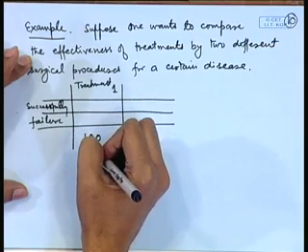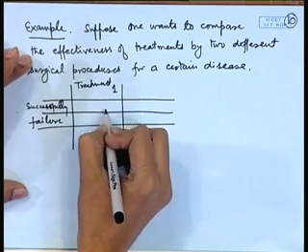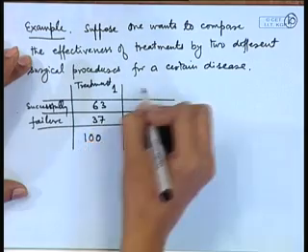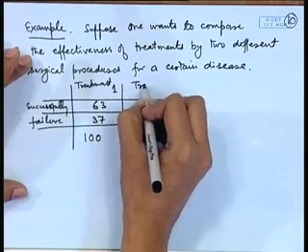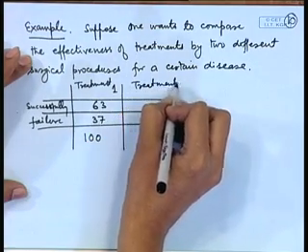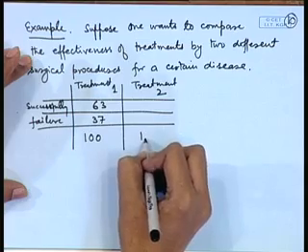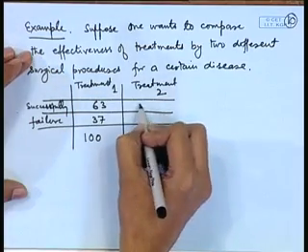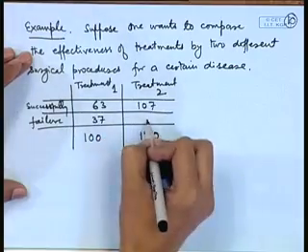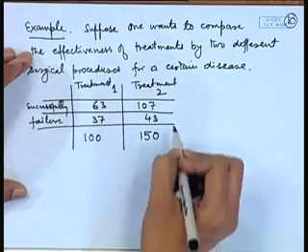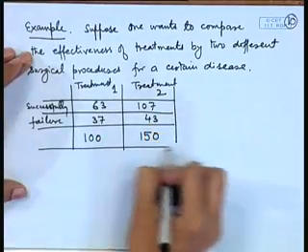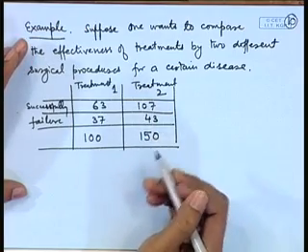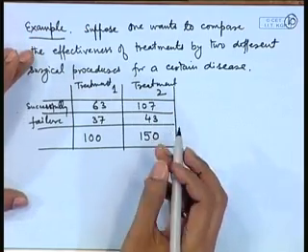Suppose out of 100, it turns out that 63 are successfully treated, 37 are unsuccessful. Whereas using treatment procedure 2, suppose 150 patients were given this procedure, out of that 107 were successfully treated and 43 are not successfully treated. That means, on them the surgical procedure did not yield any positive result.